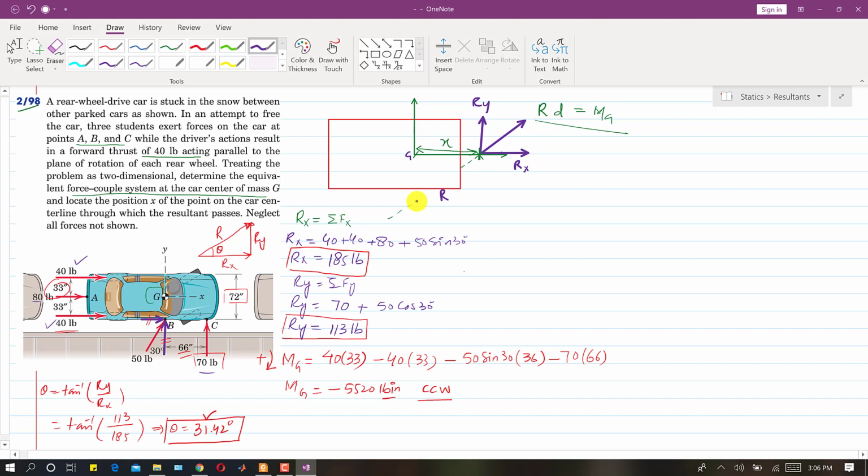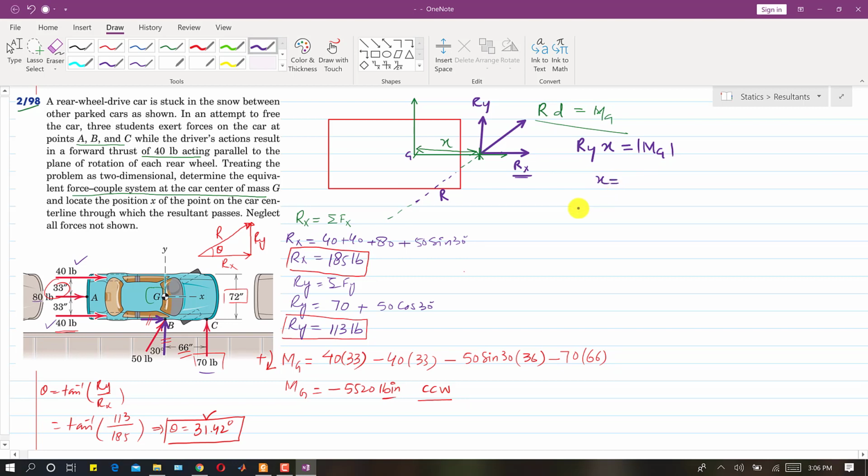As we can see, at this point along the line of action of this force, Rx is not producing moment, and only Ry is producing moment. So we will write Ry multiplied by the perpendicular distance of Ry from G, which is x, and this should be equal to the moment about G, and we will use the magnitude.